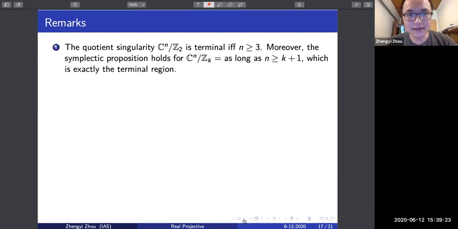And moreover, we can prove the similar symplectic proposition for this more general quotient singularity, quotient by Zk. And the proposition that we have vanishing symplectic cohomology holds if and only if n is bigger than k plus 1, which is again the region where the singularity becomes terminal.